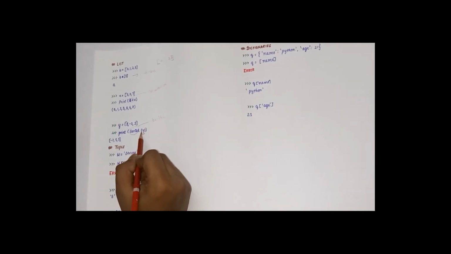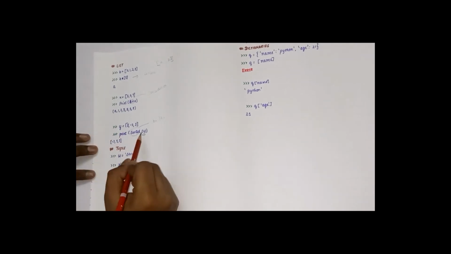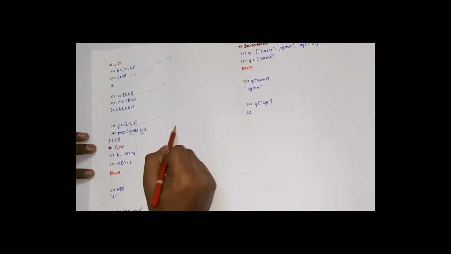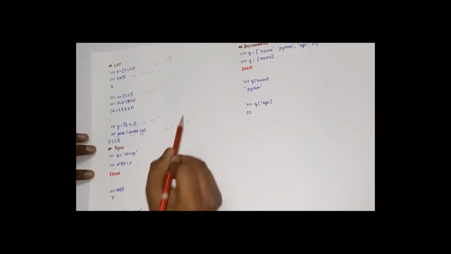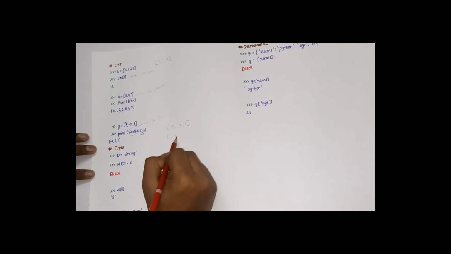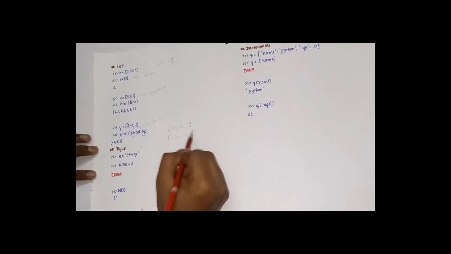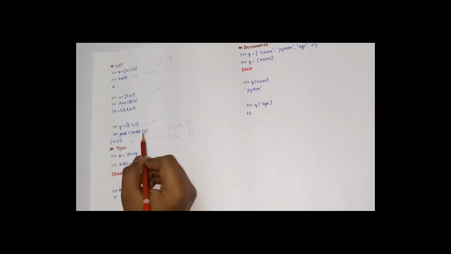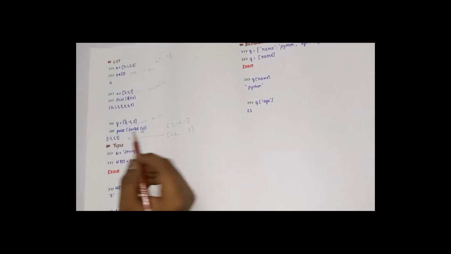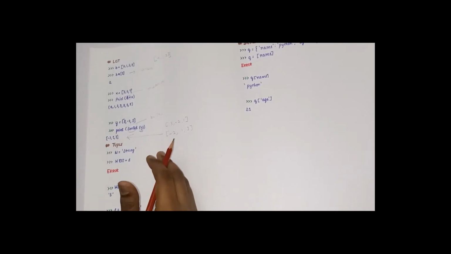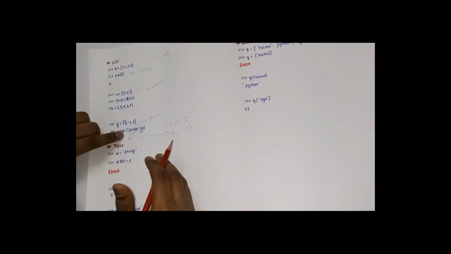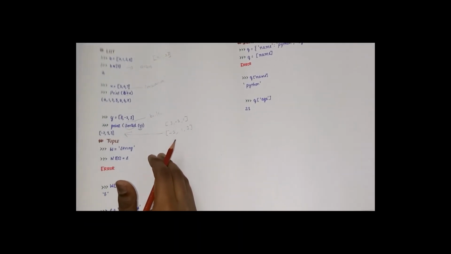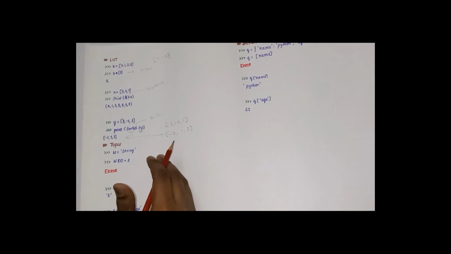Here x refers to the list or variable which we want to sort. After sorting, it becomes minus 2, 1 and 3. The further parts of the list are discussed in future videos.